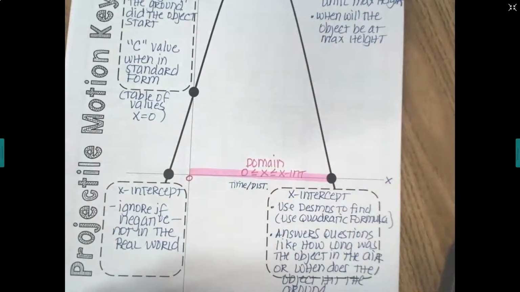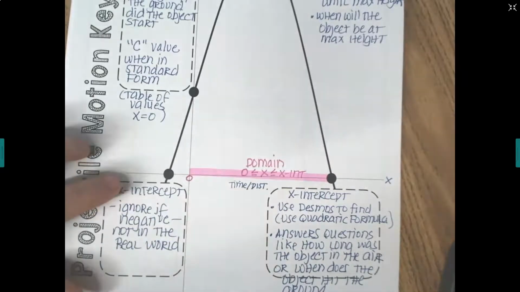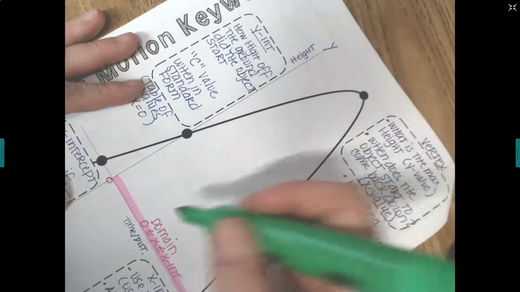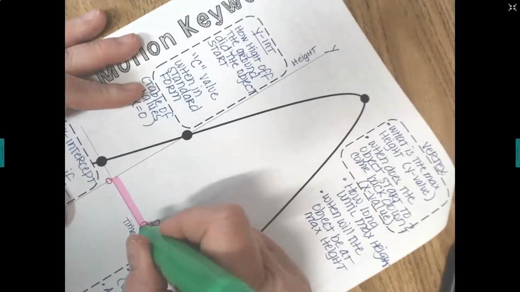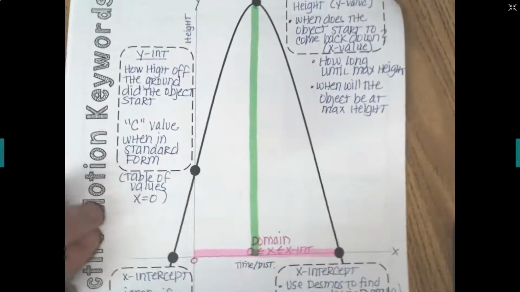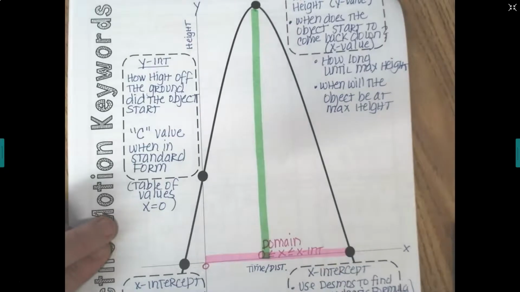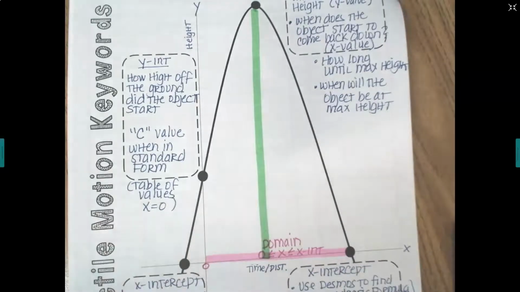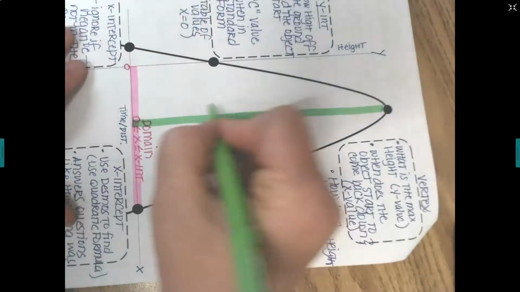Our range, remember, range is a y value, and it's talking about height. I'm going to turn this so it's easier to draw a straight line. Your range is going to go from the ground straight up to the vertex. So this is our range.